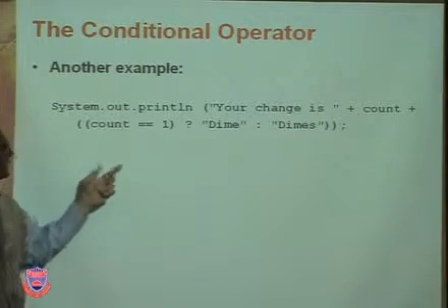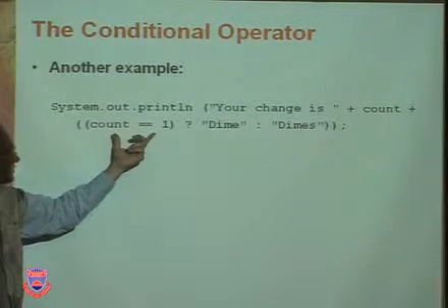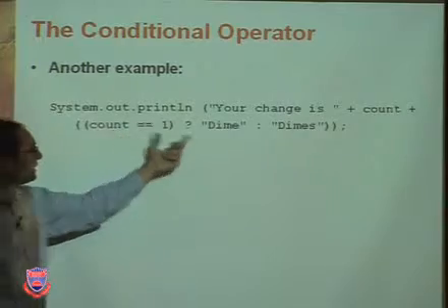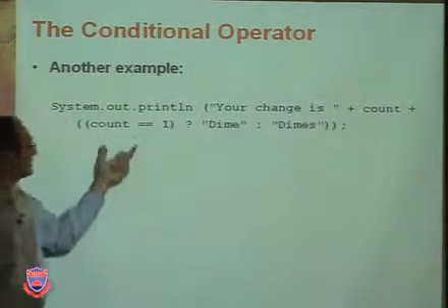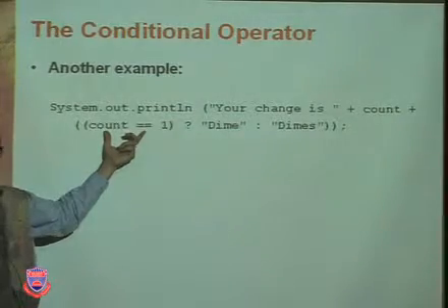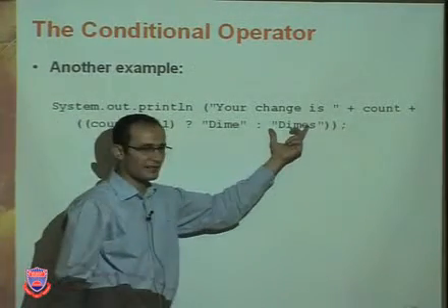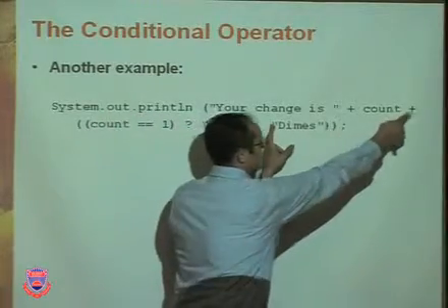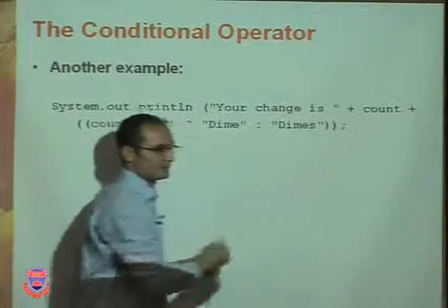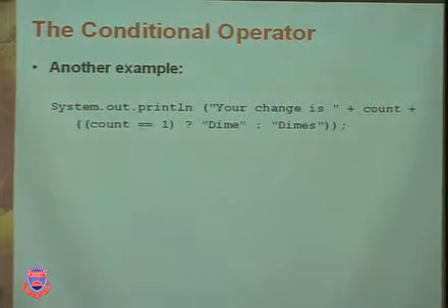What is it going to concatenate? Based on if this count is equal to 1, it will concatenate dime. So the whole thing will return dime. Otherwise, if this condition is false, if it is plural, it is going to go with the second option, which is dimes, and it is going to append it as if it was coming after this plus sign. Okay? So you can use this anywhere possible that is implementable. You can write that. Any question?